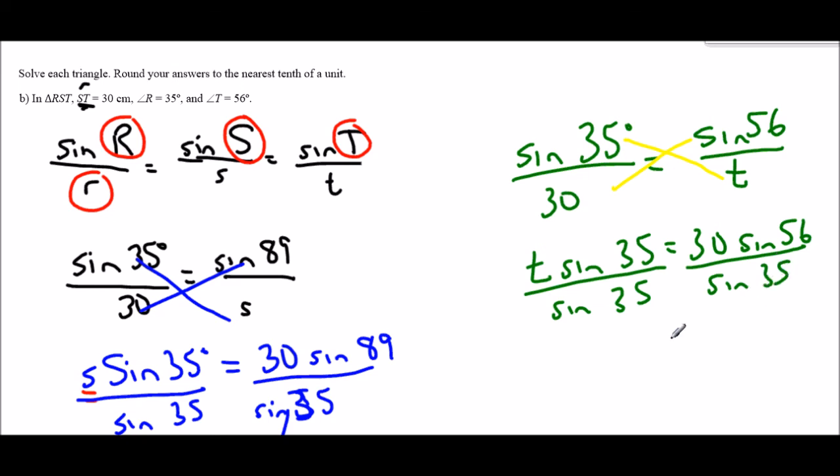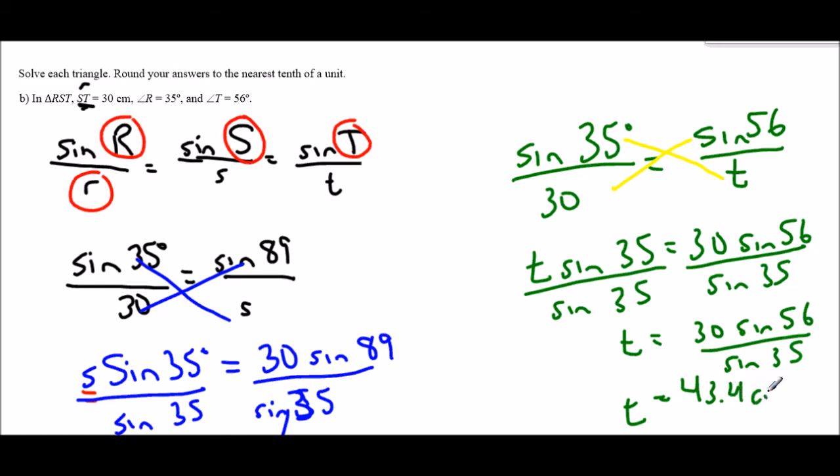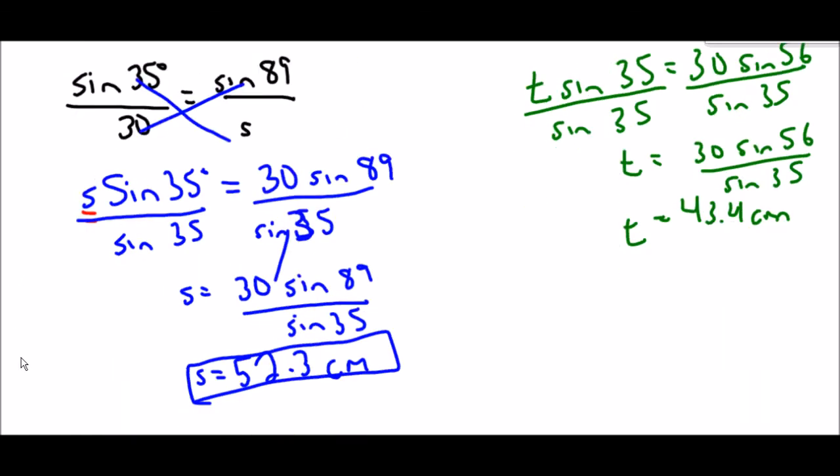So on the left, I'm left with T equals, and on the right is the stuff I get to punch into my calculator. So 30 times sine 56 equals, divided by sine 35 equals. So I get that side T is 43.4 centimeters.